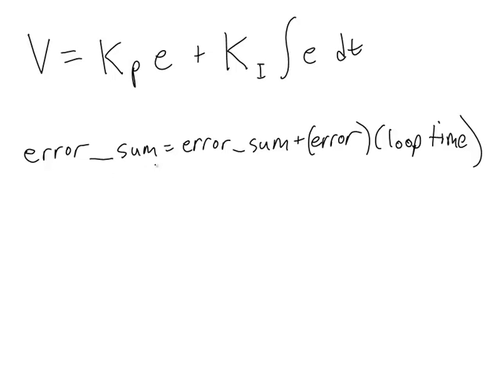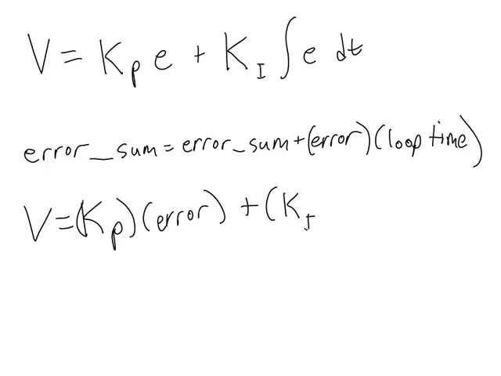That error sum will be equal to its own last value plus the current error times the loop time. Then we'll calculate our voltage by multiplying Kp times the error, and we'll add on a multiplication of Ki times the value error sum.